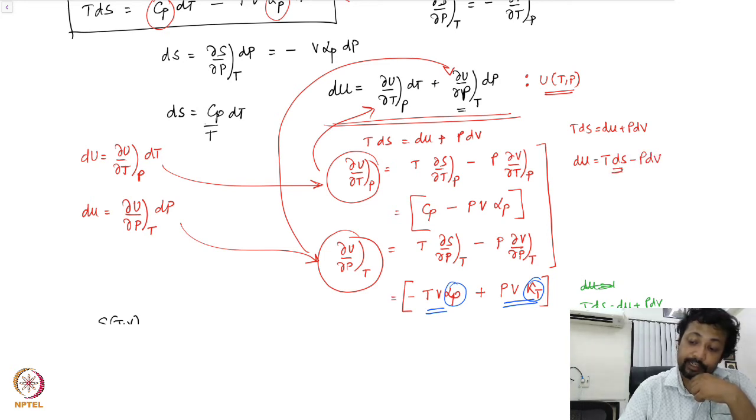I have the expression for TdS which I have derived over here, but I don't have dV.